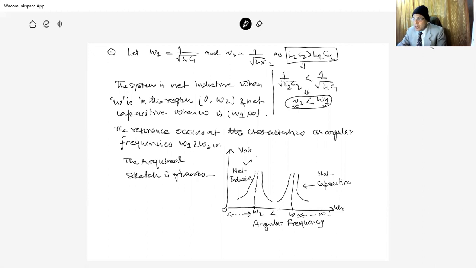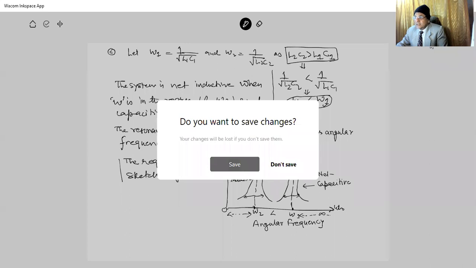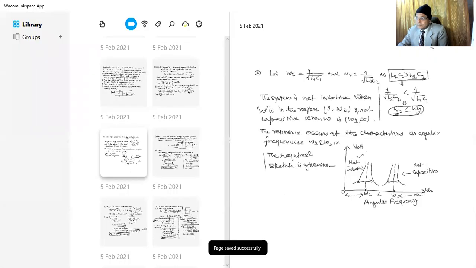The resonance occurs at the characteristic angular frequencies omega 1 and omega 2. These are the standard characteristics of resonance. At this particular point the amplitude is very high, and after deviation from this frequency the amplitude decreases in this way. So this is the sketch of the circuit.